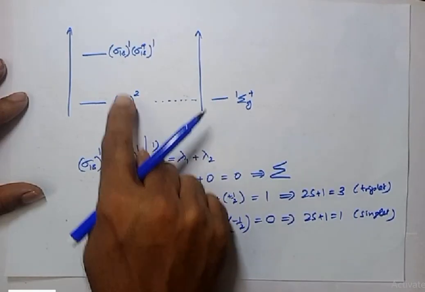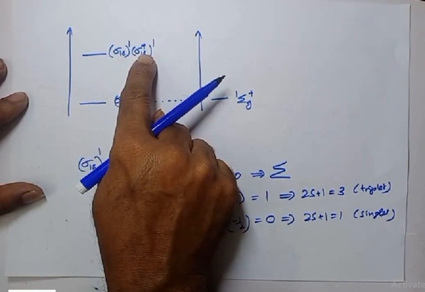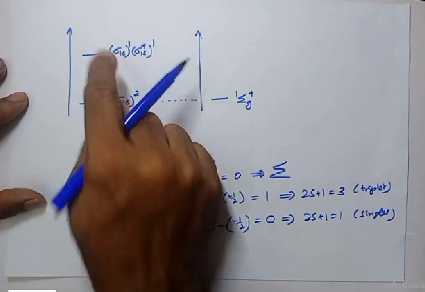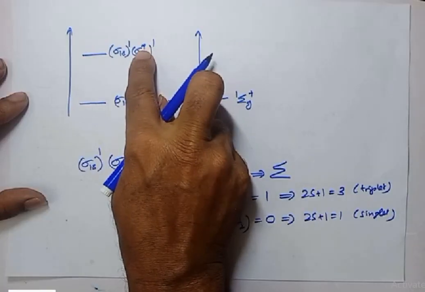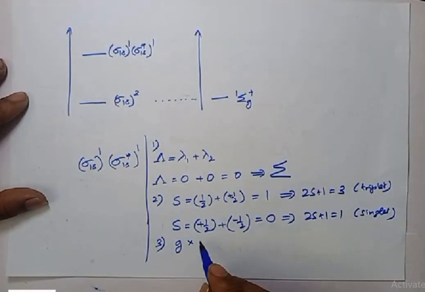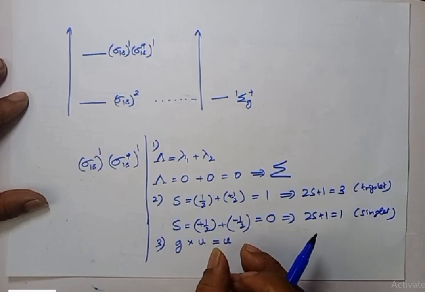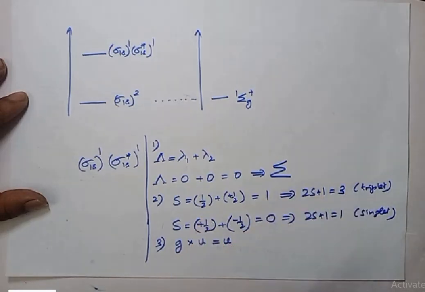I have one electron in sigma bonding, the other electron in sigma anti-bonding. For sigma bonding, the inversion symmetry is gerade. But the second electron is in sigma anti-bonding, for which the inversion symmetry is ungerade. Gerade times ungerade is ungerade. So the total inversion symmetry is ungerade.